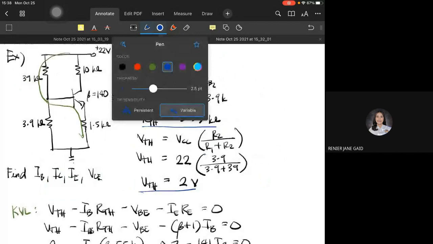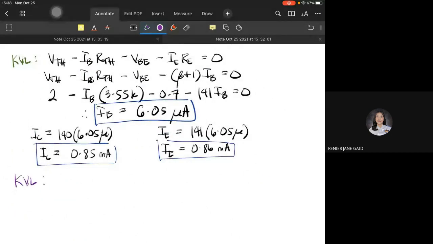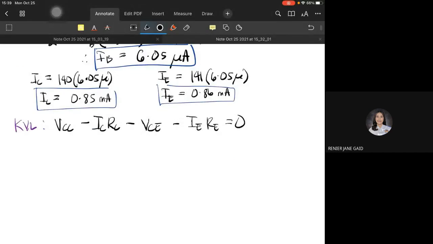Next, KVL on the other side, here. VCC minus ICRC minus VCE minus IE RE equals 0. So 22 minus 0.85 times 10K minus VCE minus 0.86 times 1.5K, that is RE.